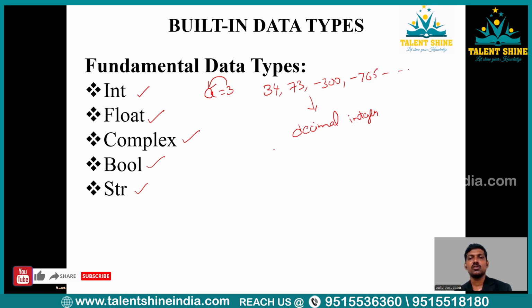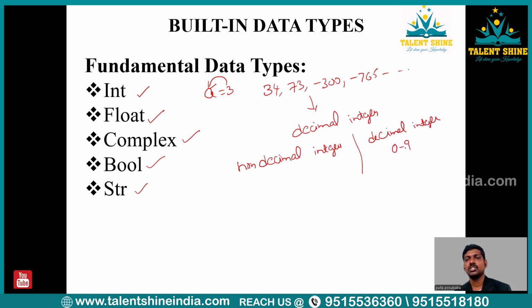Yes, we can. Let us see non-decimal integer examples. For decimal integers, if you observe, the base is 10. We have the digits 0 to 9, so we can use 10 distinct digits in order to form any integer value.